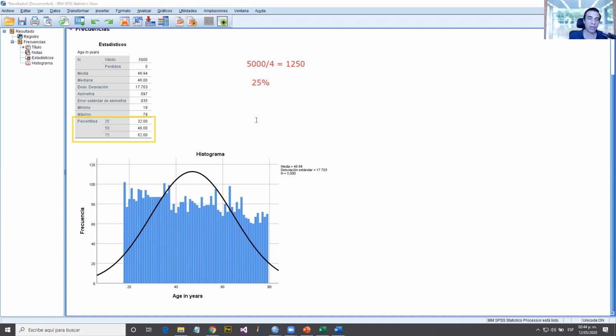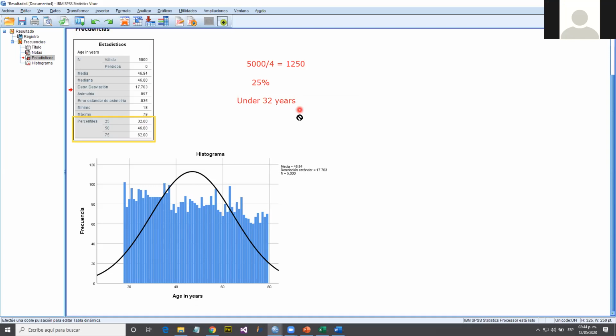It will be all the people that are under 32 years. Why? It is right after the 24. Yeah. It is right here. So this is the first segment. This is my first group. The second group is going to be from 32 up to 46.